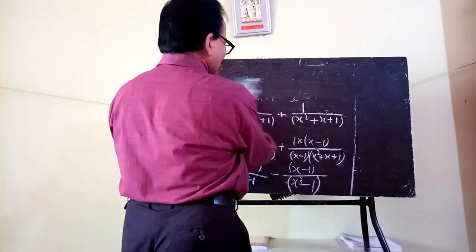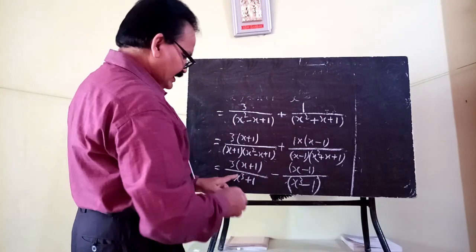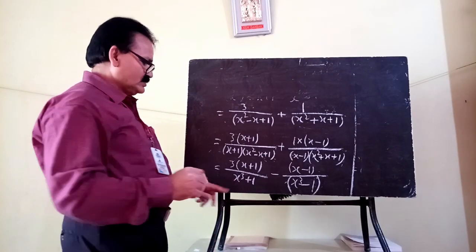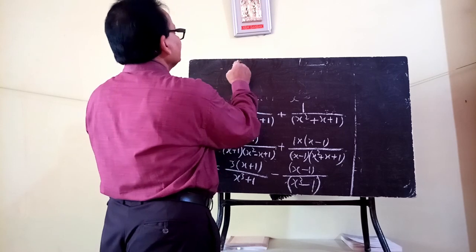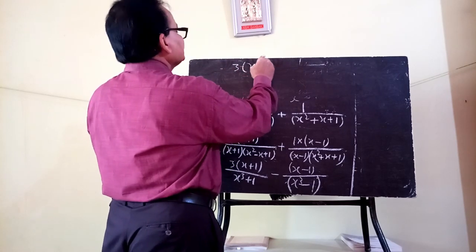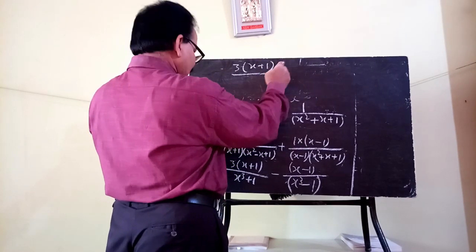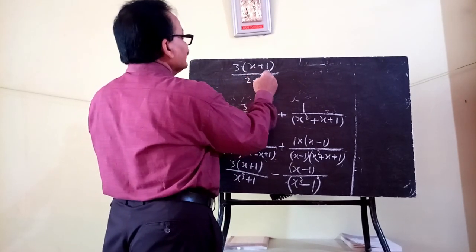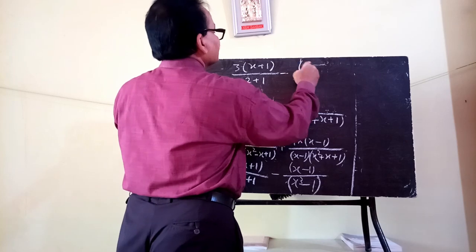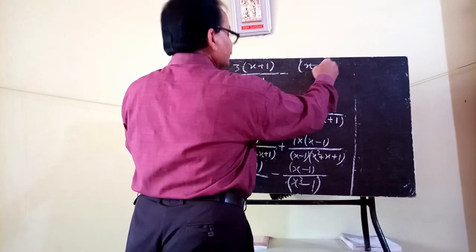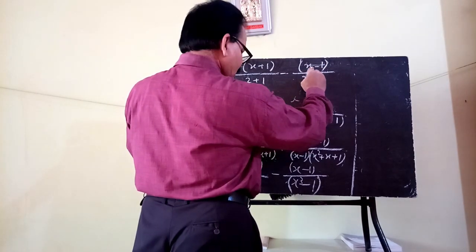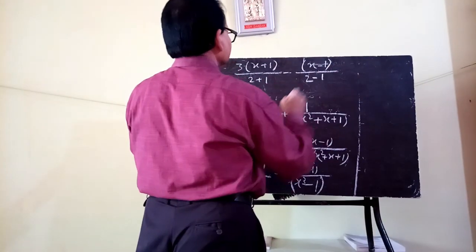If you remember that the value of x cube is 2, then this is 3 into x plus 1, and the value of x cube is 2 plus 1, minus x minus 1, and in the denominator x cube is 2 minus 1.